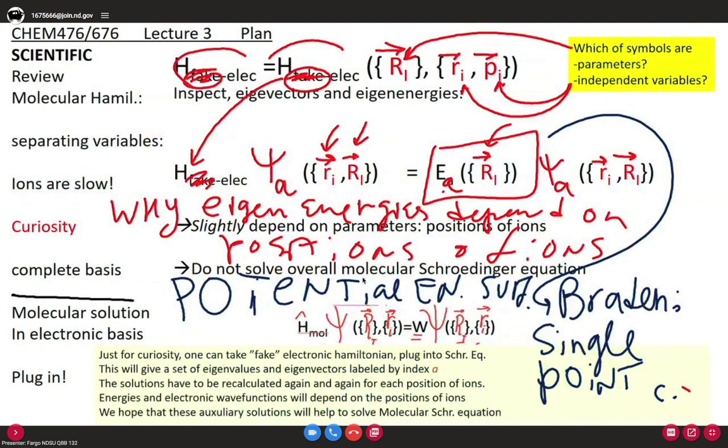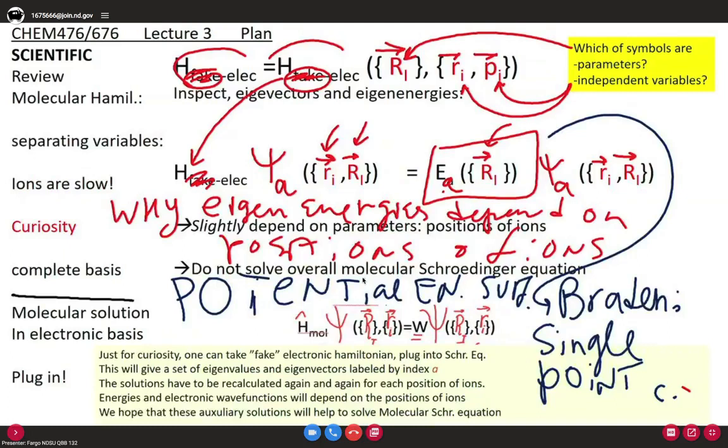So what is the goal? Let's suppose that this quasi-electronic Schrodinger equation can be solved. We do some sort of recursion. We know that it still has a lot of degrees of freedom, but we cannot solve everything at once. Let's assume that this has been done, and we know the solutions, this psi sub A and this E sub A for each position of nucleus.